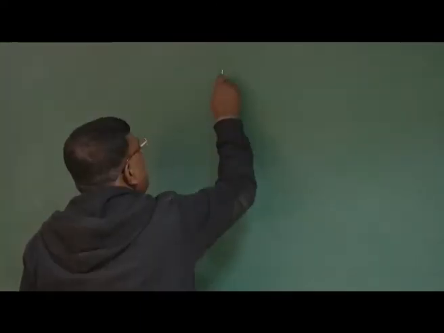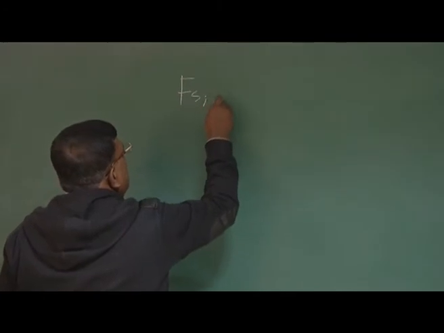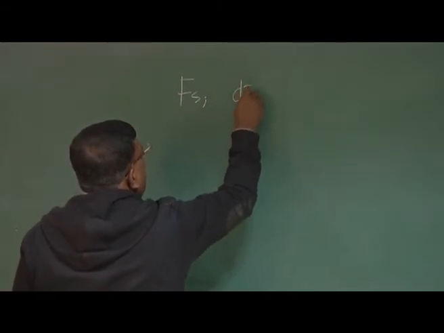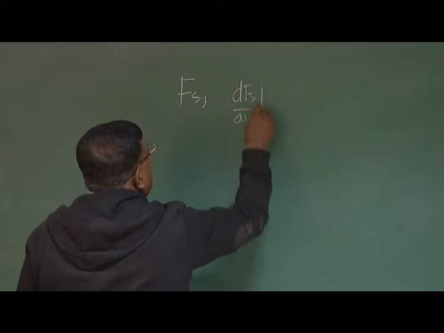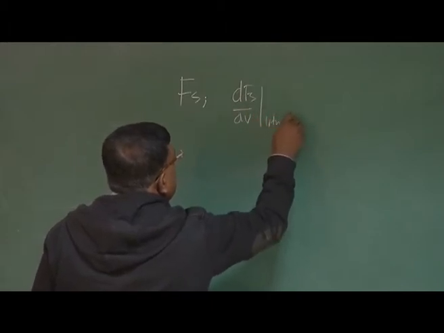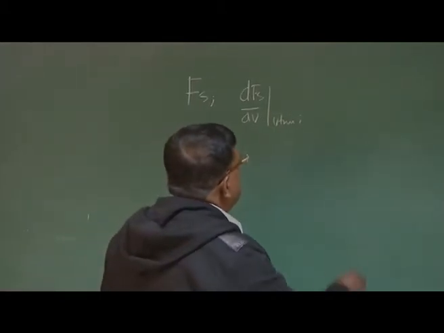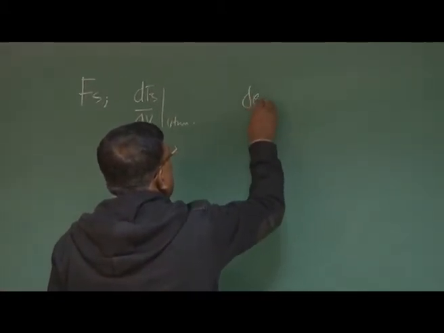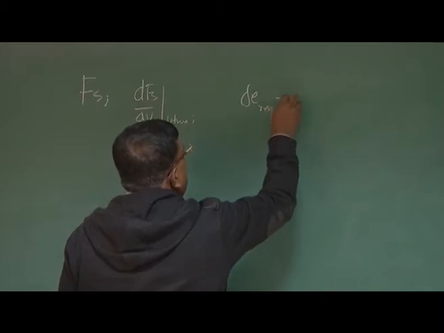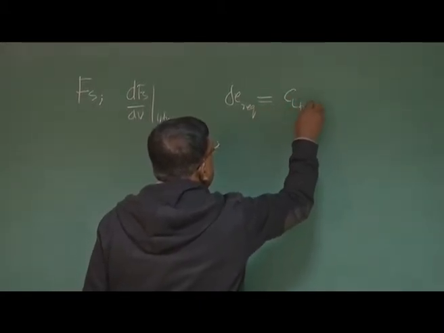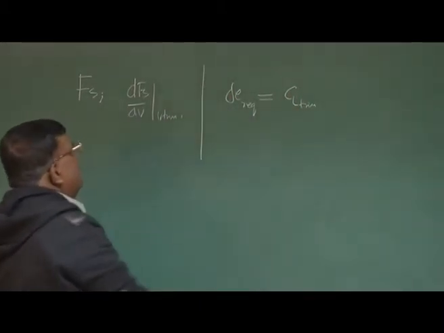We have calculated Fs, we have calculated dFs by dV at V trim. Right? Some time back, we also calculated what is the delta E required for a particular CL trim. Okay.